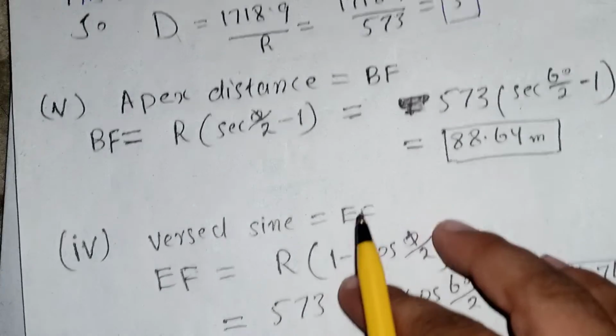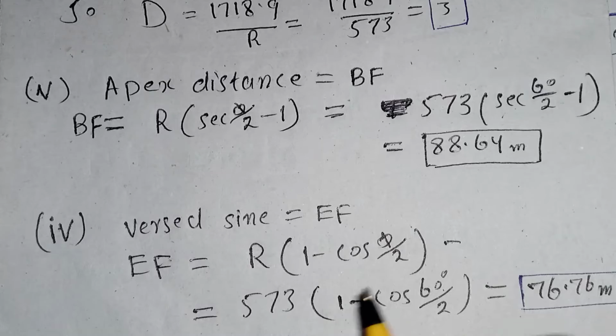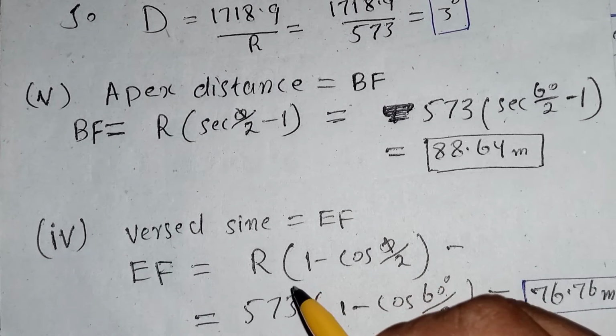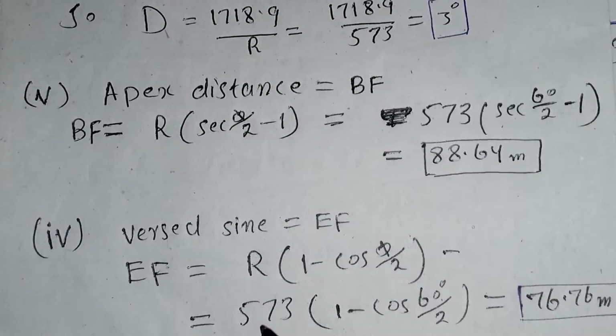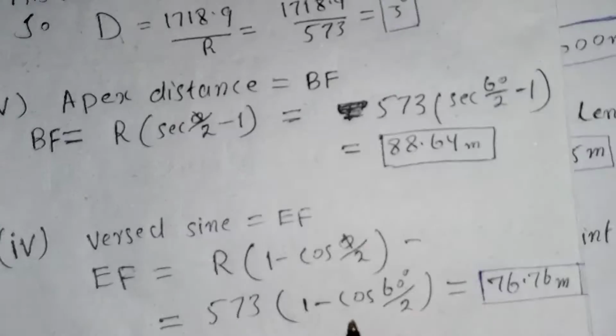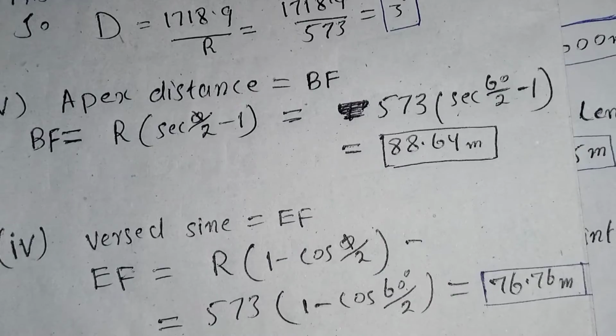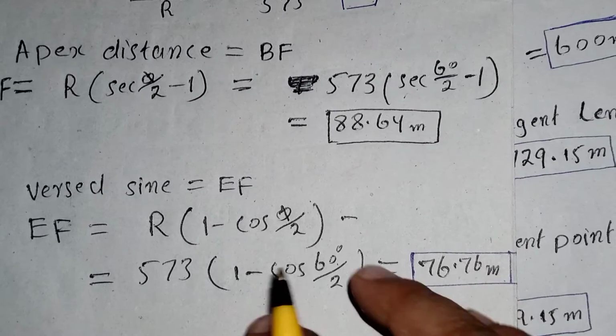The other is versine. EF is equal to r into 1 minus cos theta divided by 2, where r is the 573 meter radius, into 1 minus cos 60 degree divided by 2. By calculating this, we will get 76.76 meter.